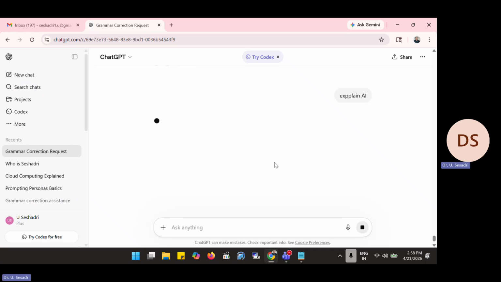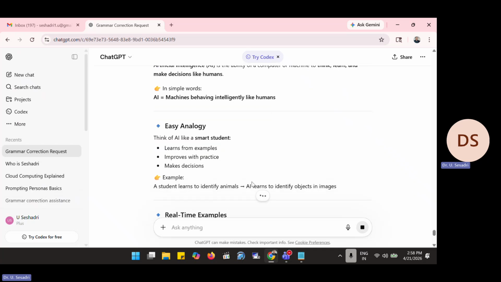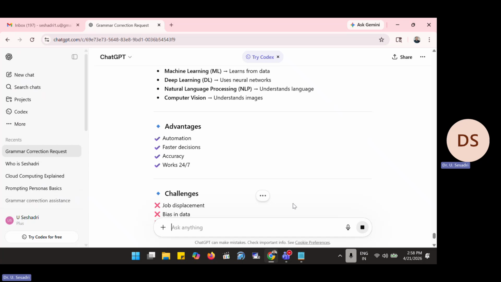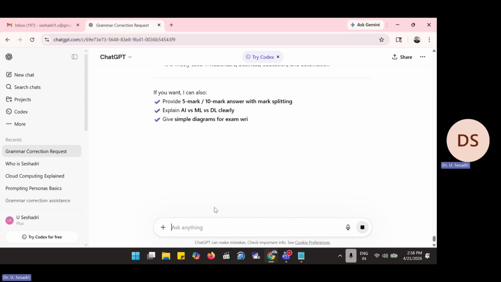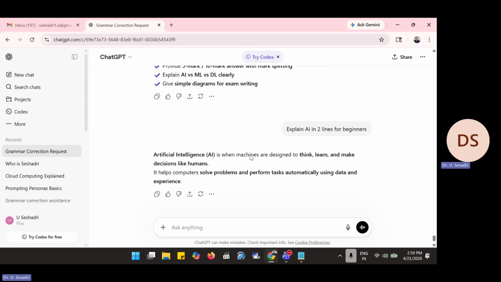When I type "explain AI", it is providing what is artificial intelligence and some examples, in detail. Instead, when I type "Explain AI in 2 lines for beginners", see what the difference is.